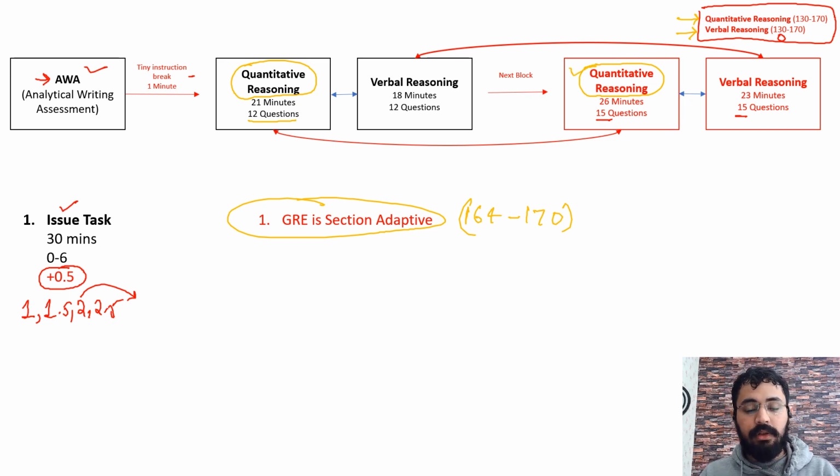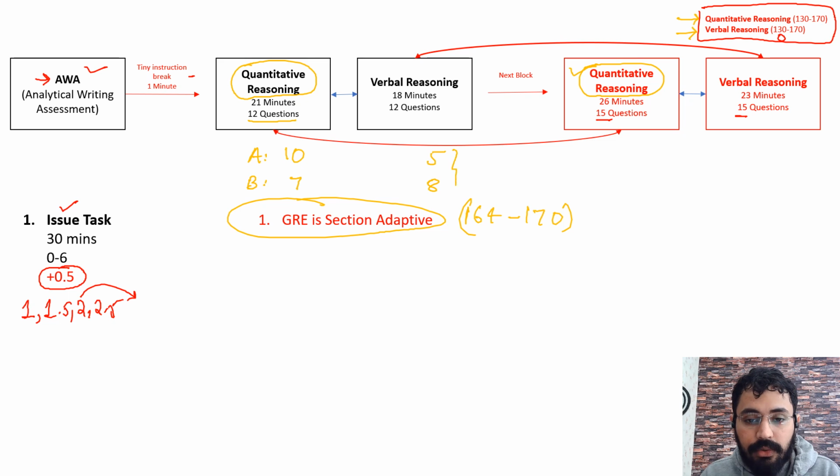So a lot of students, like for example, if there's student A who gets 10 out of 12 questions correct on the first section, and then 5 out of 15 correct on the second section, and then there's a student B who gets, let's say, 7 out of 12 questions correct on the first section, and then 8 out of 15 questions correct on the second section.